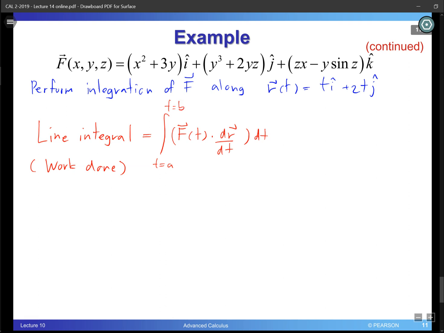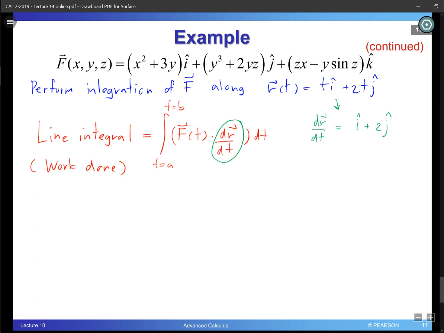Okay, let's find out about all these terms. Let's start with the easiest one. Now we need to differentiate r with respect to t. We already have r right here, so we know right away dr by dt is equal to i plus 2j. Right?